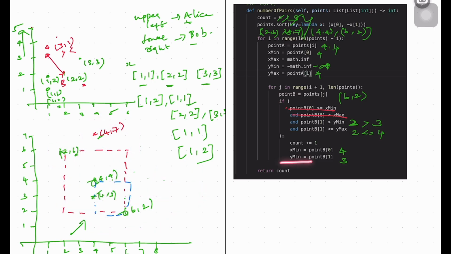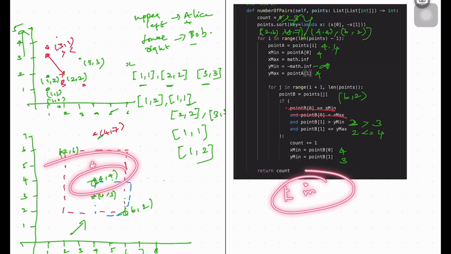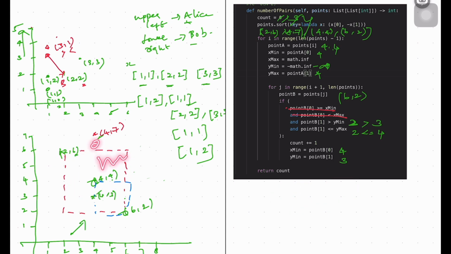And why are we updating the y min and x min? So that, instead of running through the k loop to figure out whether some point is present in the fence, we have sorted it, because we always want x in ascending order and y in descending order. So that we have the first higher y value, because only one can form a fence.